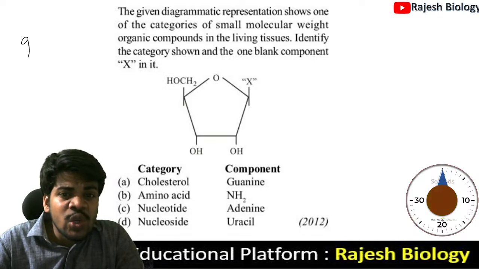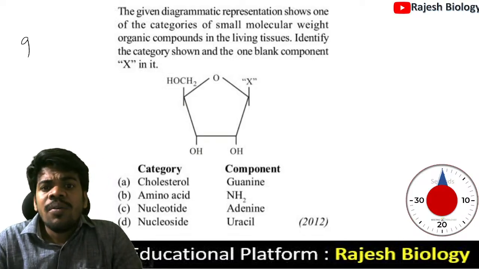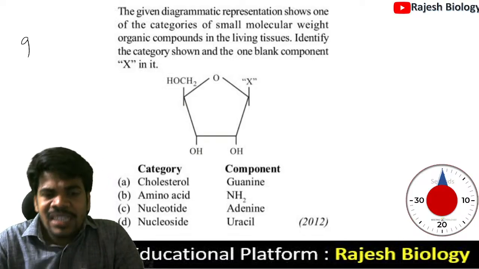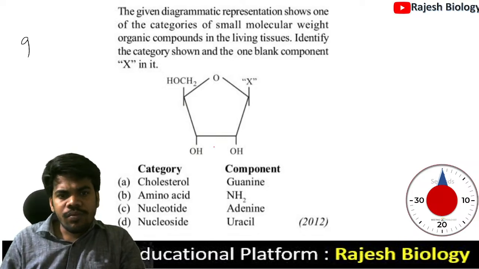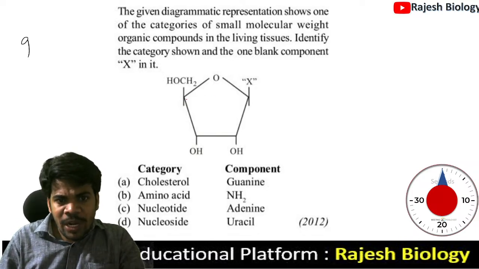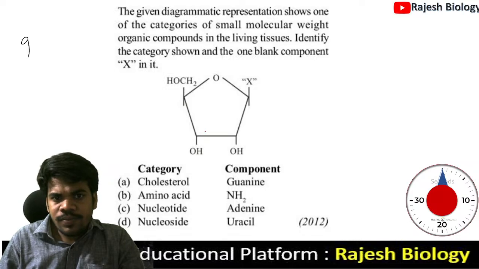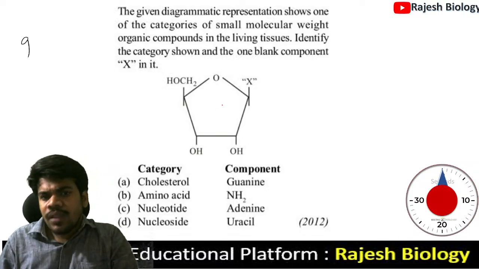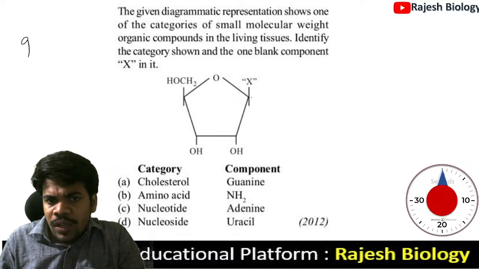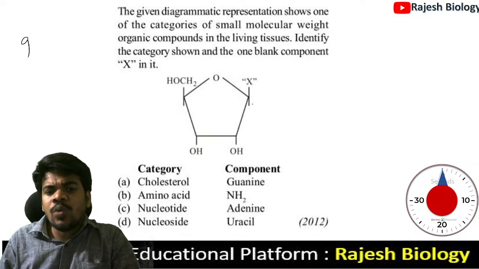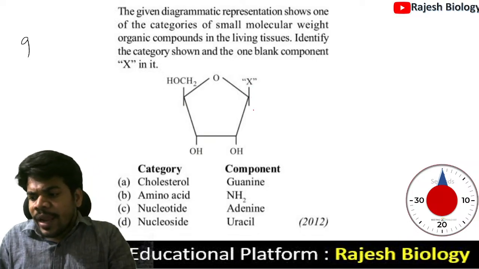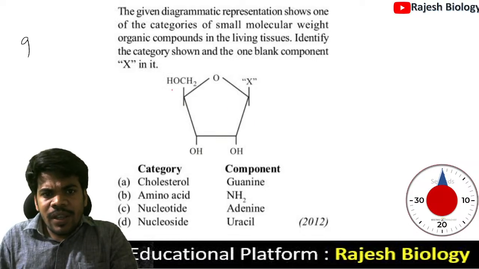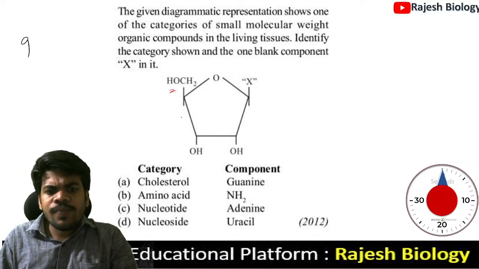Identify the category shown and the blank component X in it. It is pentose sugar, and pentose sugar means it is present in the nucleoside and nucleotide, right? But here another bond is also there.